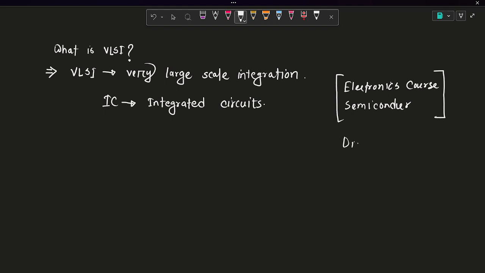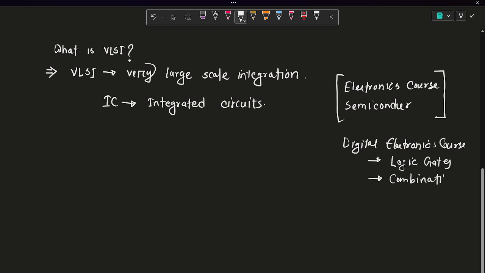In our digital electronics course, we have learned logic gates. We have learned about combinational circuits. We have learned about sequential circuits. Combinational circuits means multiplexers, decoders, encoders, something like this.